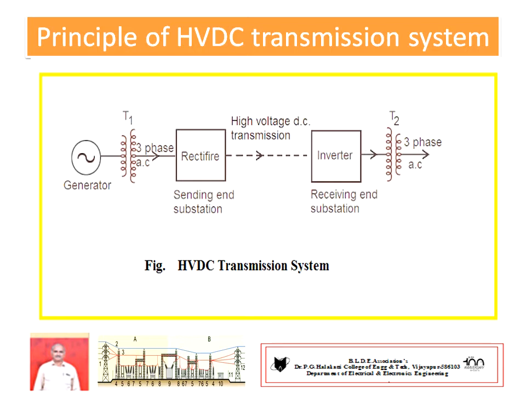Then, using suitable rating of transformers, AC is distributed to consumers. Here the generation is AC and the distribution is AC. In between, from rectifier output to input of inverter, there is the transmission line, the overhead transmission line. These are known as overhead HVDC transmission lines.